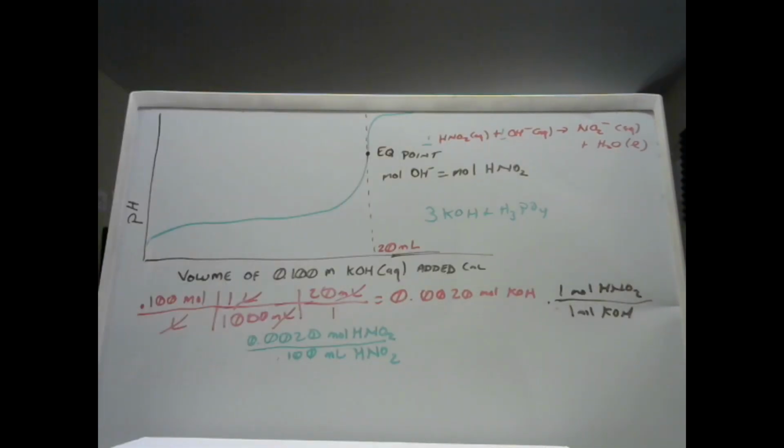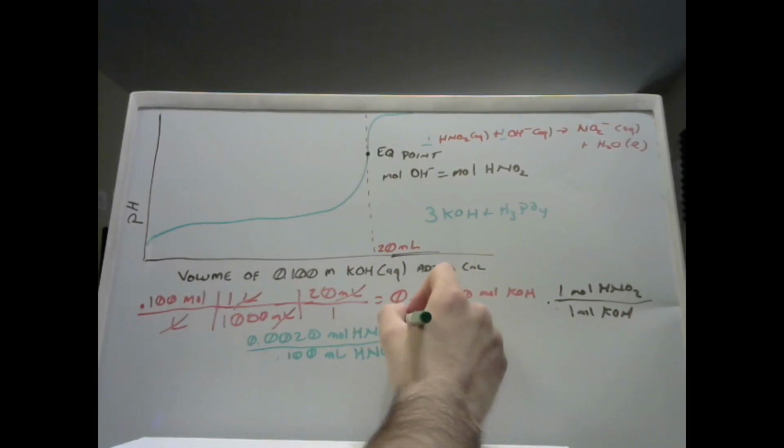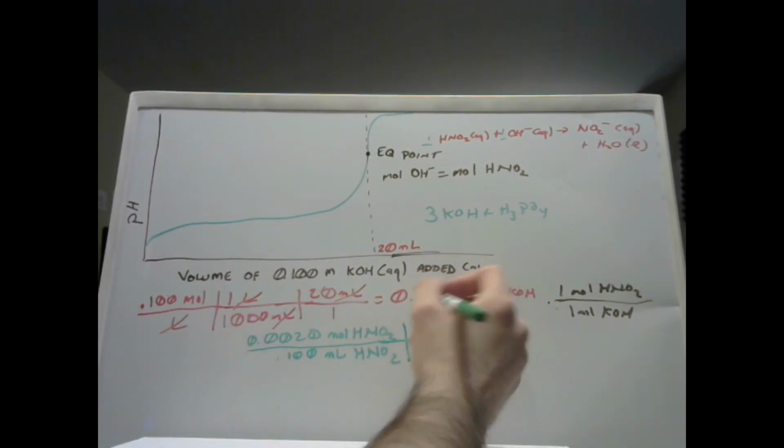And look, 1 to 1 cancels out. The only issue here is that I have this in 100 milliliters, which I need to convert to liters. Again, you can move the decimal if you're comfortable, or just add an extra step.